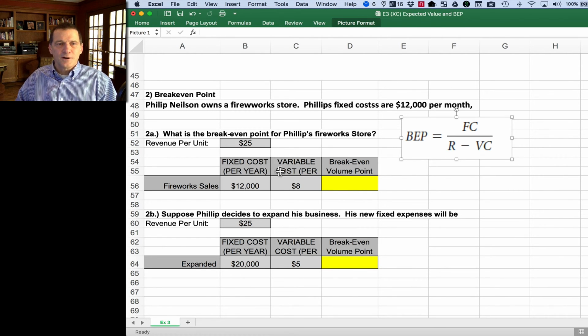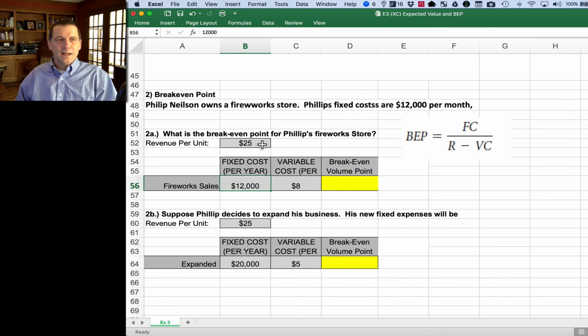So in his current scenario, he has $12,000 a month in all of his fixed costs. Let's make it simple and say it's a building lease. His revenue per unit on average is $25, and his variable cost per unit, his purchasing cost per unit, is $8. So we can come into this yellow cell and do the simple math: equals, look at the formula over here, fixed cost, which is $12,000, divided by the difference of his revenue per unit and his cost per unit.